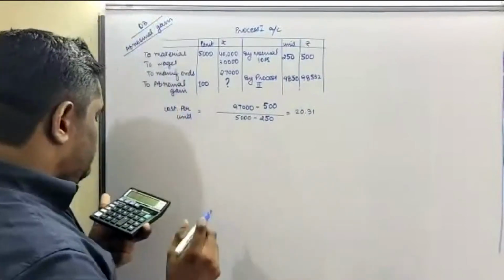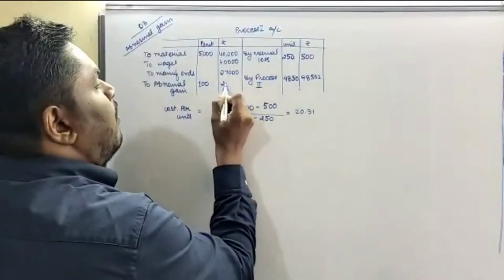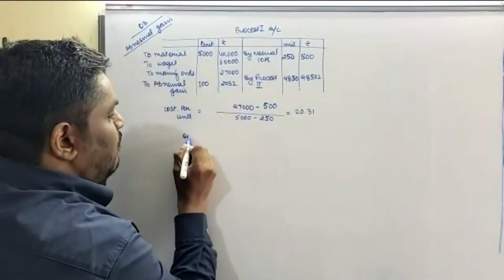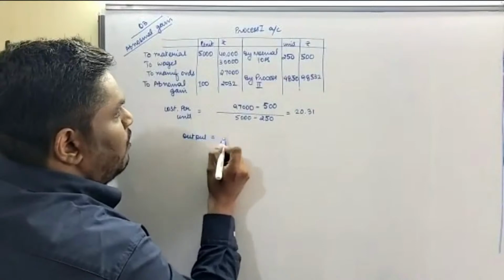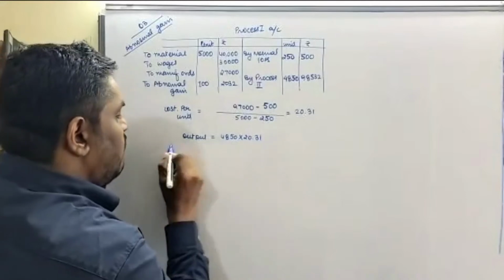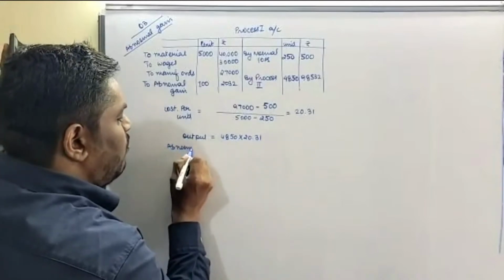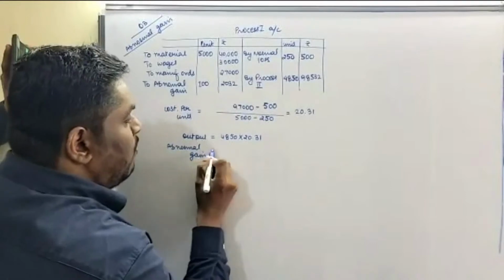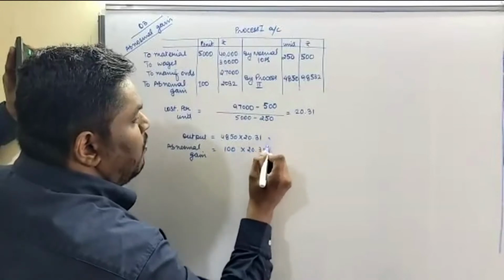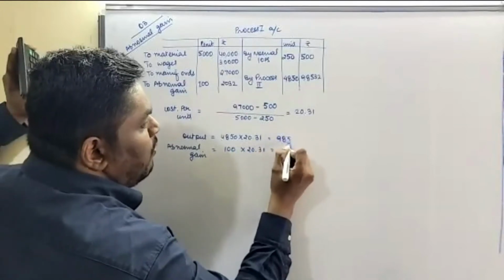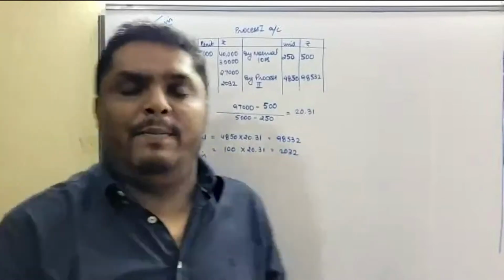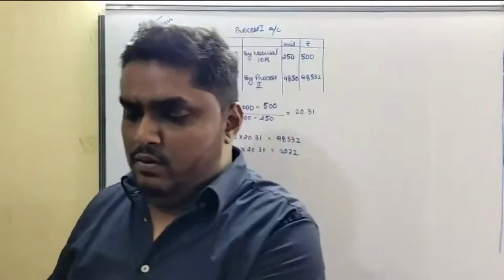So this will be 2032. So this is how the abnormal gain will be presented in process account.